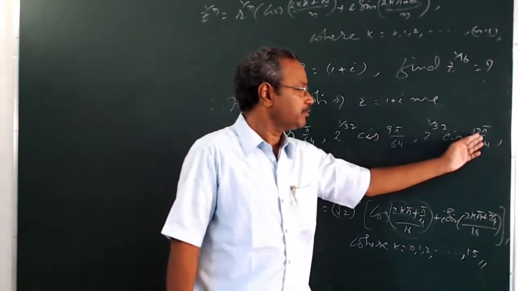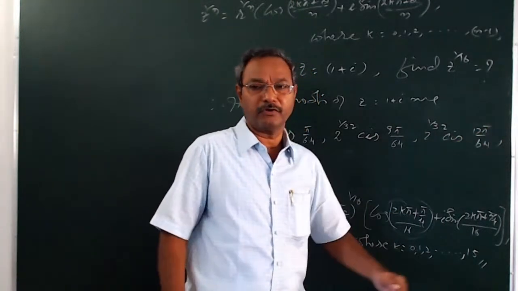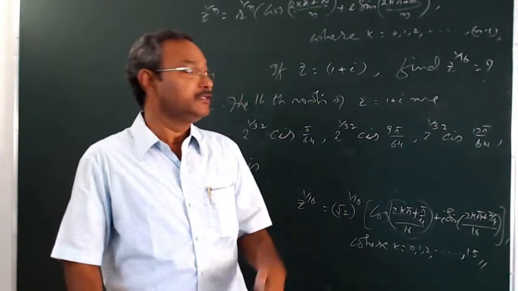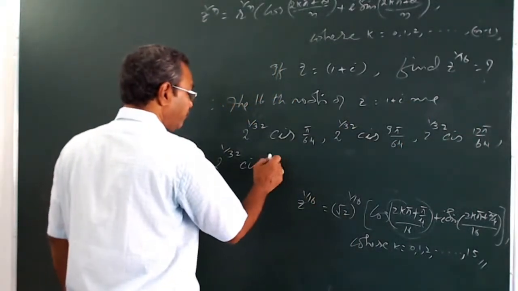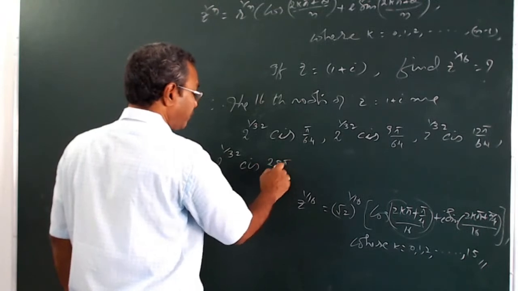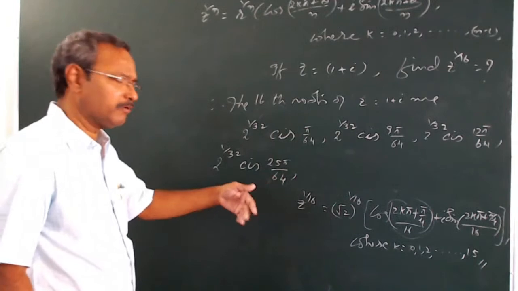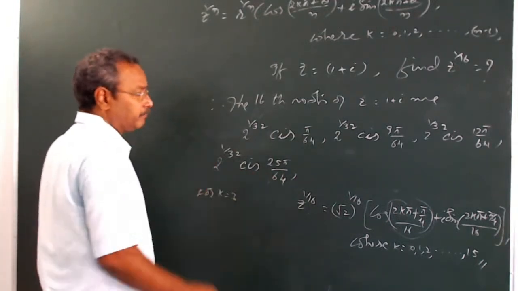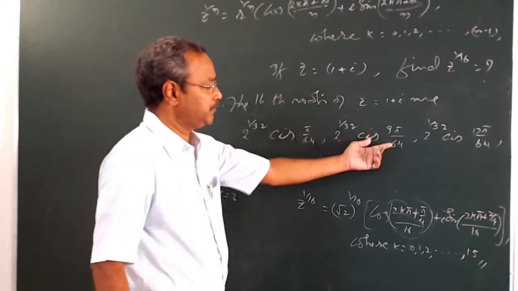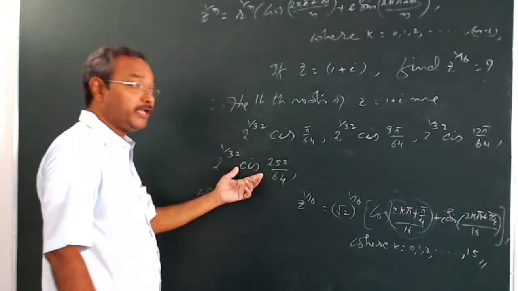What is the difference between these two? 9 pi plus 8 pi, that is 17 pi by 64. For the next one, it is 17 pi plus 8 pi, which is 25 pi by 64. Will it be the same? Let us see. So this is for k equal to 0, this is for k equal to 1, this is for k equal to 2, and this will be for k equal to 3.